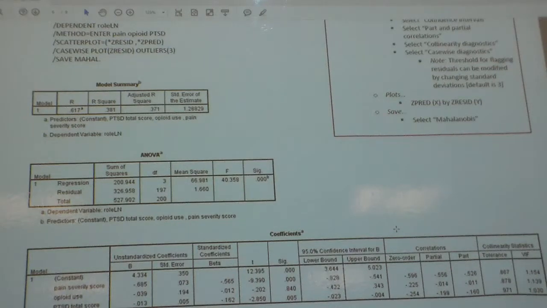So what I would say is for people who aren't using opiates, who register pain scores of 0 and PTSD scores of 0, I would expect their role functioning value to be 4.3. Or the natural log of their role functioning to be 4.3.